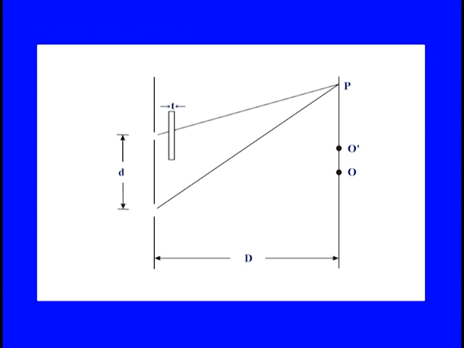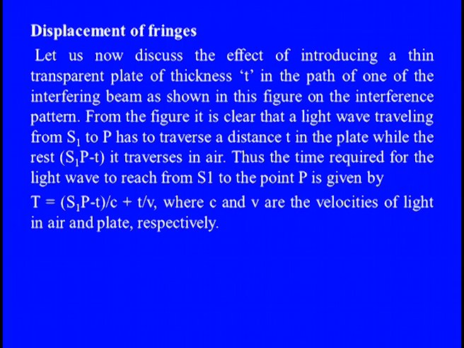Thus, the time required for the light wave to reach from S1 to the point P is given by T equal to (S1P minus t) divided by c plus t divided by v, where c and v are the velocities of light in air and plate respectively.